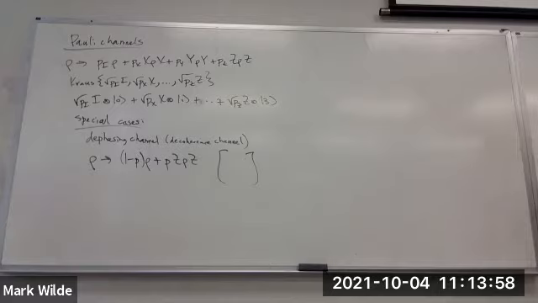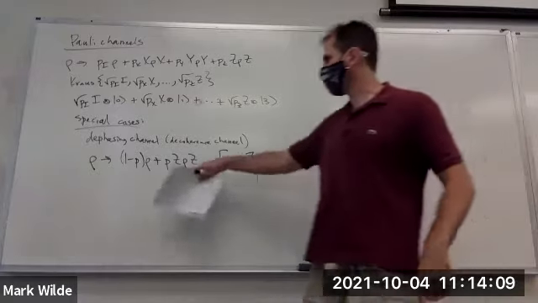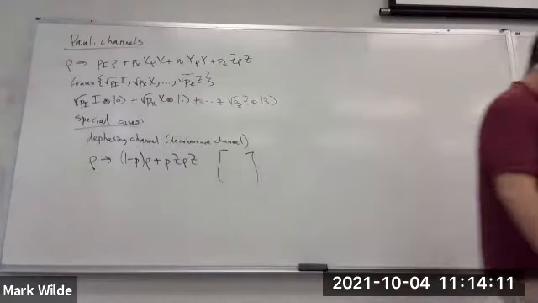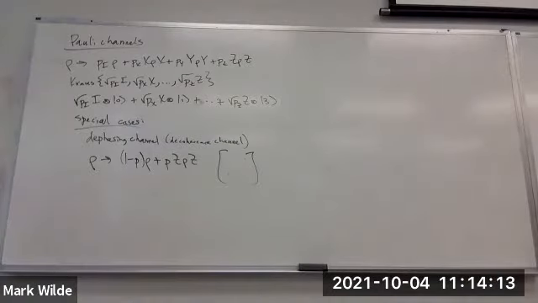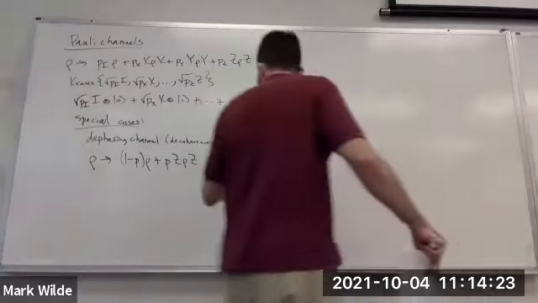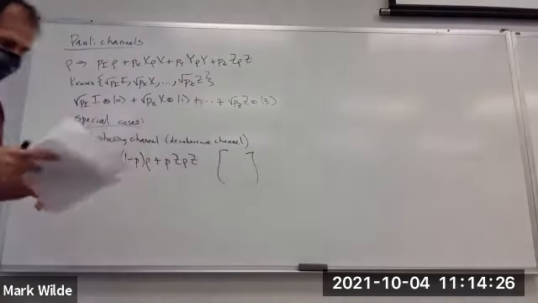But T1 was the relaxation, like how long before an excited state decays to a ground state. T2 time is related to this channel. So if you were to prepare a superposition of 0 and 1, how long before that decays to one of the two possibilities, before the superposition decoheres to one of these diagonal sectors. That's its relevance.